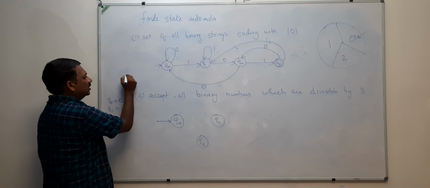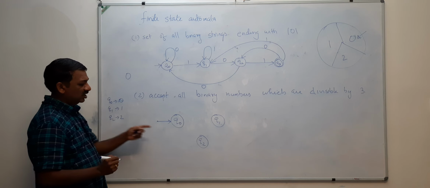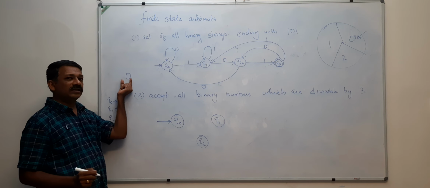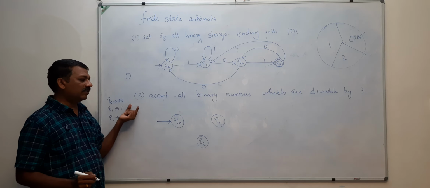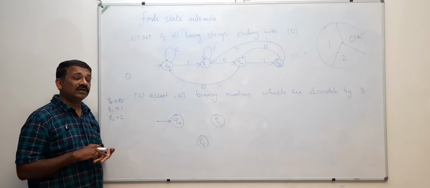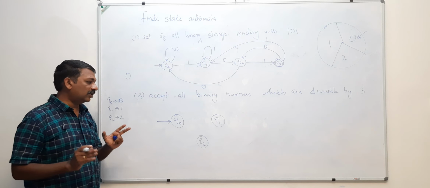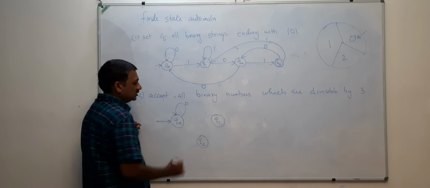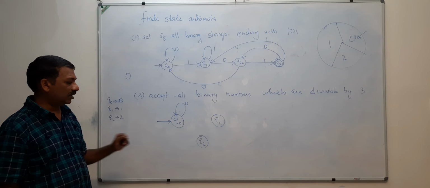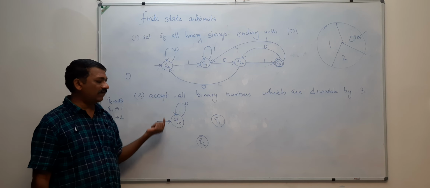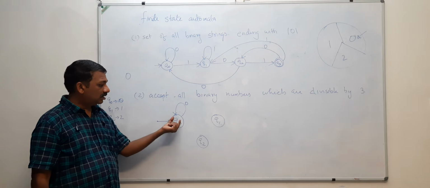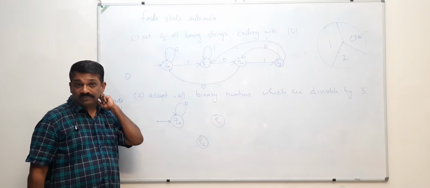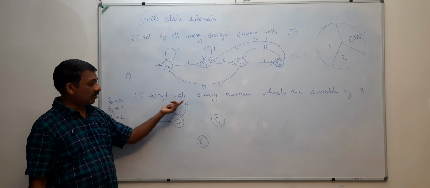Suppose that a 0 is coming. 0 is a binary number, and when it is divided by 3, again it is generating a remainder of 0. That means Q0 upon receiving 0 stays at Q0.